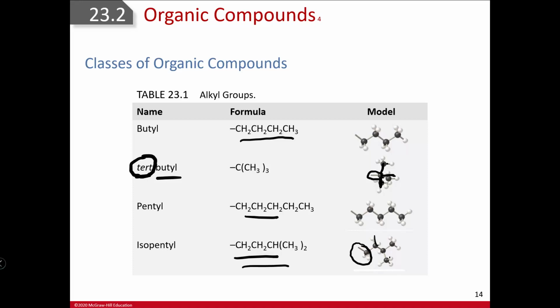So isopentyl, pentyl tells you it's 5 carbons, 1, 2, 3. Off this carbon here, you have this carbon and two of these things coming off. So that's what you see right here, right? You see that 1 hydrogen here, and then bam, bam, bam. There's my CH3, there's my CH3, and then there's my CH2.